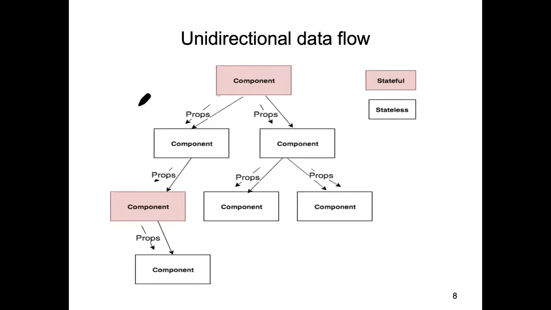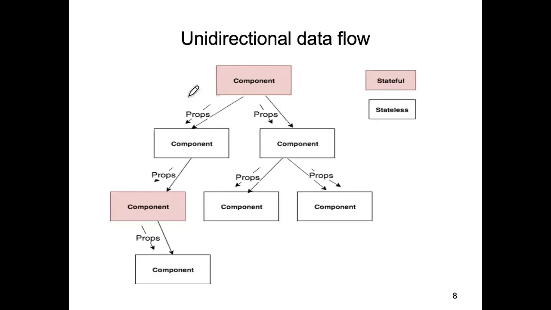Other frameworks at the time supported what is known as two-way data binding, which meant data could flow in both directions. That was a nice feature of other frameworks, but the downside was it made debugging quite difficult. So the React team decided they weren't going to follow this bidirectional approach. They're going to follow this unidirectional approach.